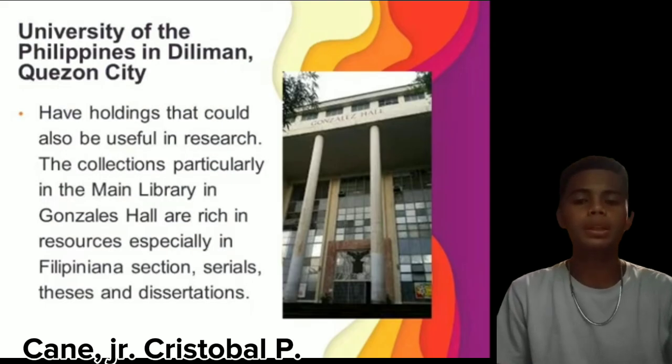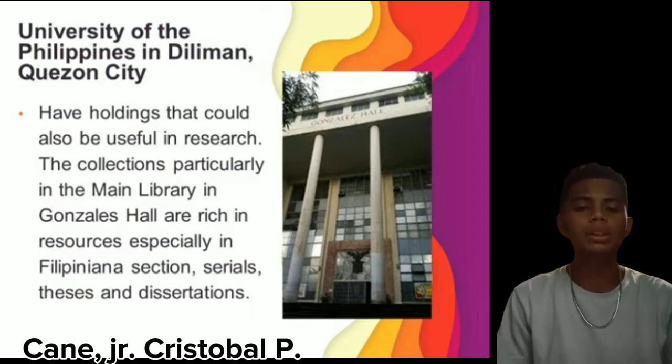The University of the Philippines in Diliman, Quezon City has holdings that could be useful for research. The collection, particularly in the library in Gonzales Hall, is rich in sources, especially in the Filipiniana section, serial publications, and dissertations.